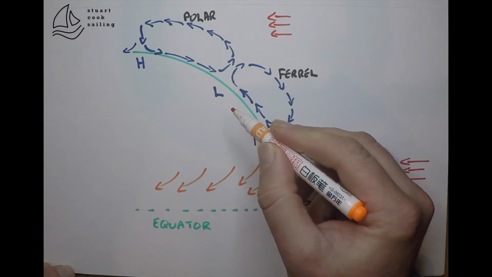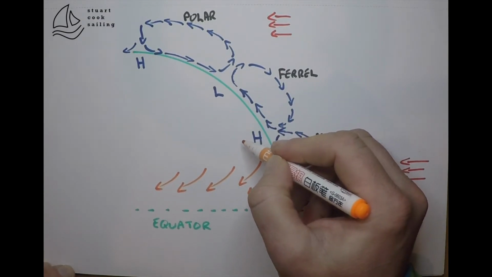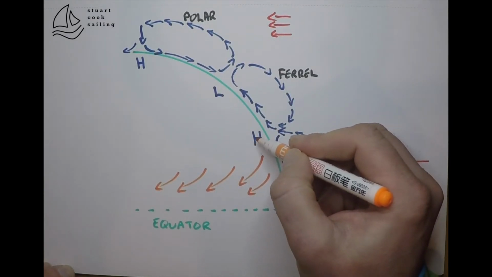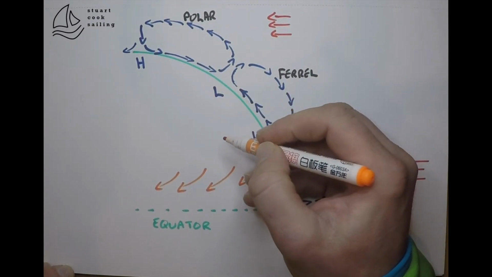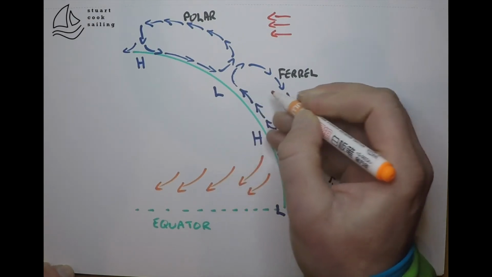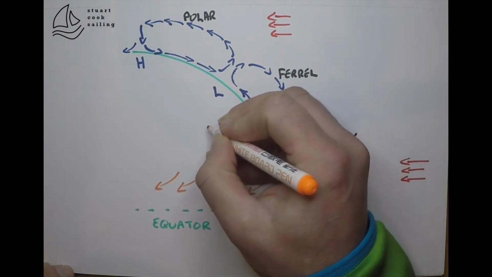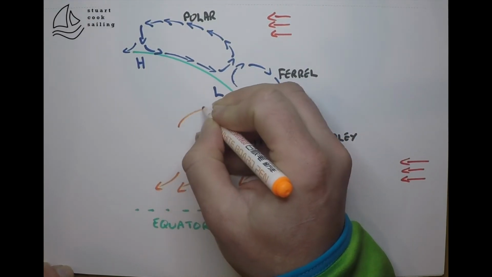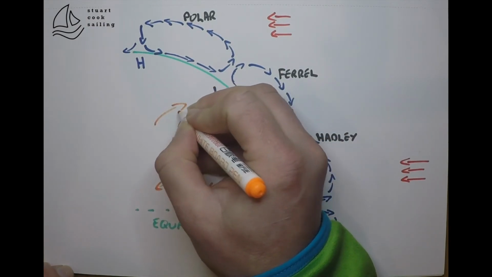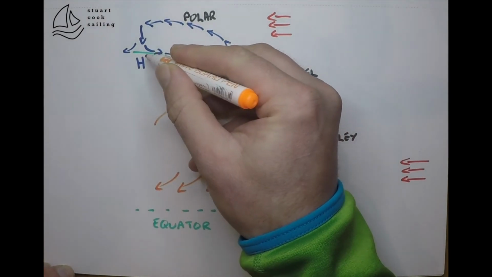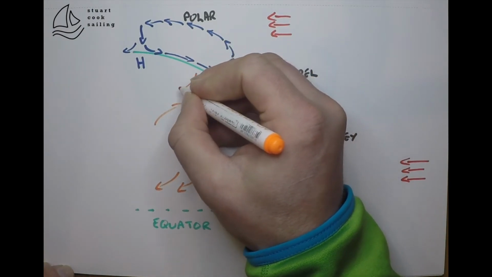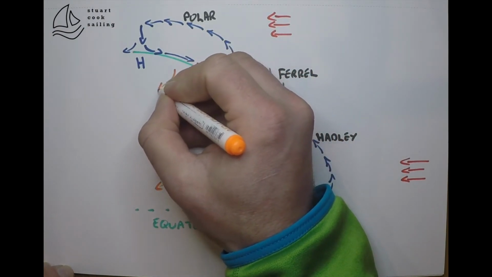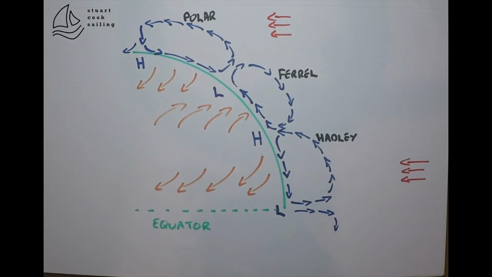In the next cell up, the winds are trying to go north towards the pole, and in this case it gets pushed towards the east. So we end up with these prevailing westerlies, and once again coming south from the high into a low is getting pushed to the west, and we end up with these polar easterlies.